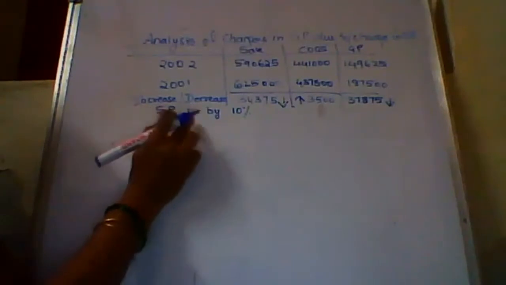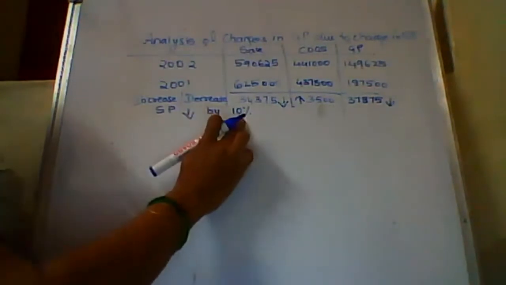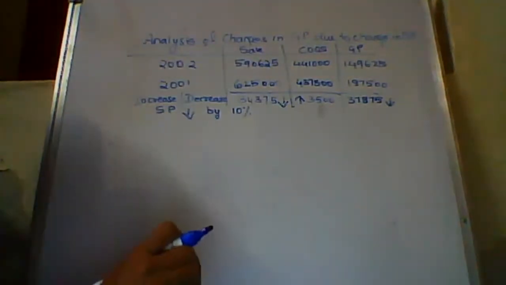And then he says the selling price is reducing by 10%. Now he wants many things. He wants to know, is there any quantity change? Is there any cost price change? And thereby, what is the impact on the gross profit?